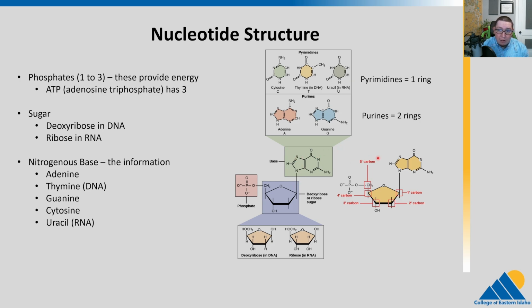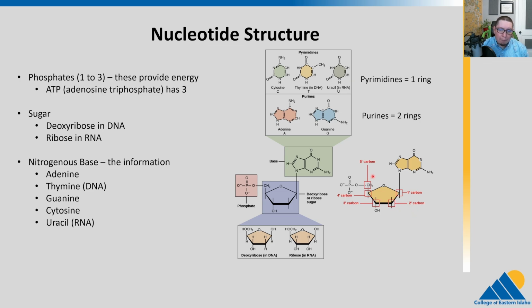Okay, I do need to point out that there are some important ways that we label the different pieces of this. So you'll see in this diagram here, I have the different carbons on the sugar labeled: the 1', 2', 3', 4', and 5' carbon. Organic chemists love to have ways to describe organic molecules, so they named it this way.